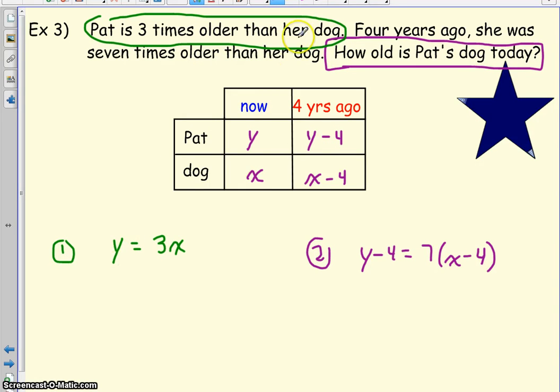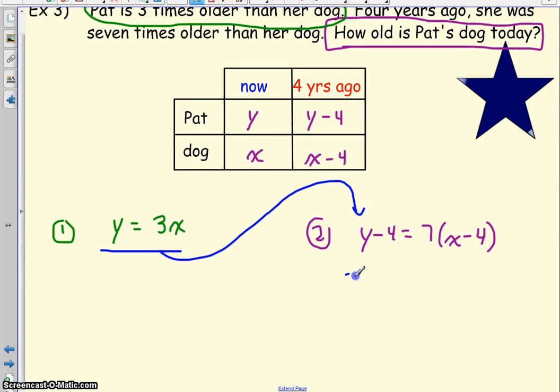Okay, in fact, if you look at equation 1, we already have Y isolated. We have that Y being equal to 3x. So right away, without having to do any work, you can just replace the Y in the other equation with 3x. Okay, so I'm going to get 3x in there for Y. The rest of the equation stays the same. I'm going to distribute the 7 through the brackets up here, so I get 7x minus 28. Okay, and then I just need to solve. Okay, so subtract 3x from both sides.